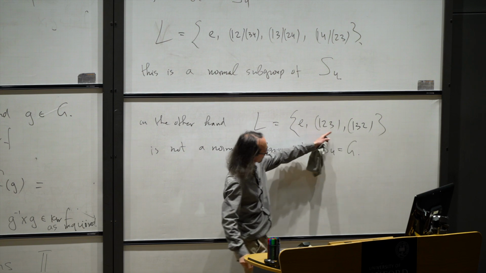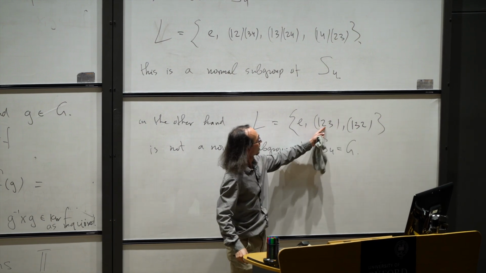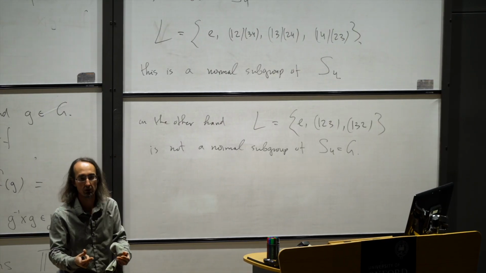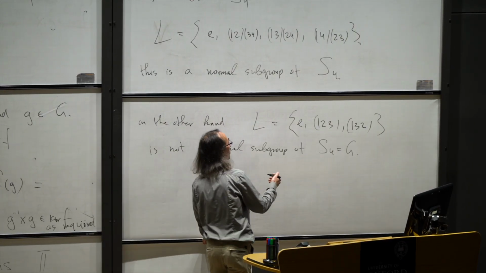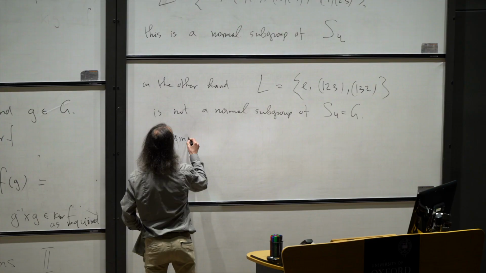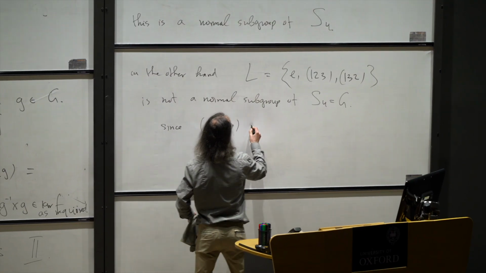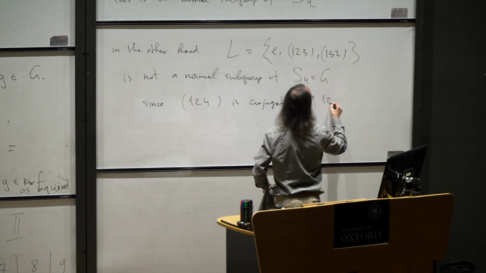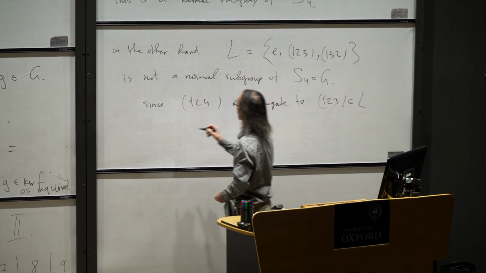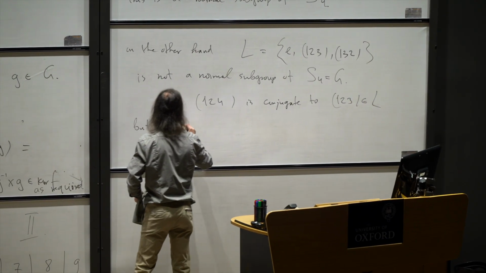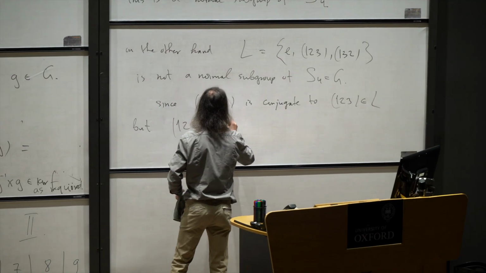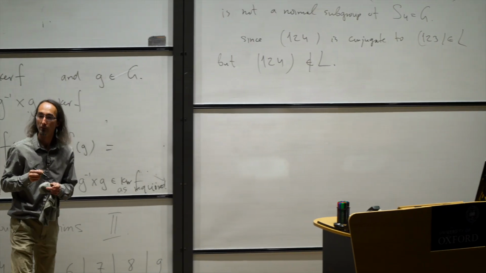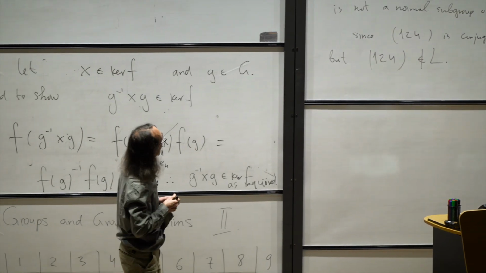Because these 3-cycles are not all the conjugacy class. Yeah? Because, for example, (1 2 4) is conjugate to (1 2 3) in L, but (1 2 4) is not in L. Right? Okay.